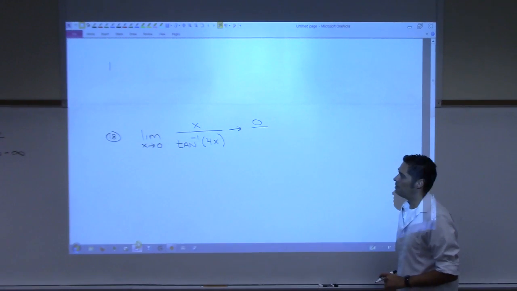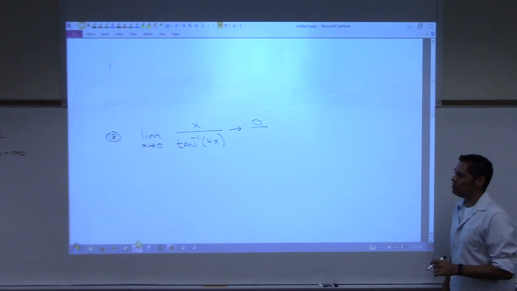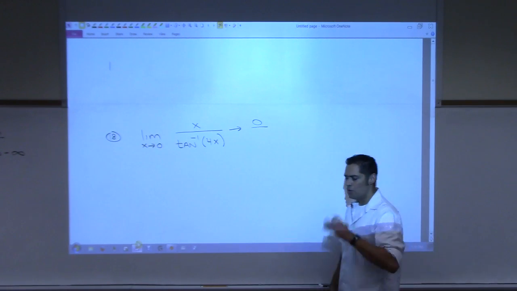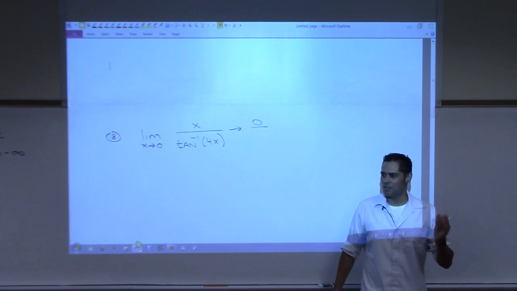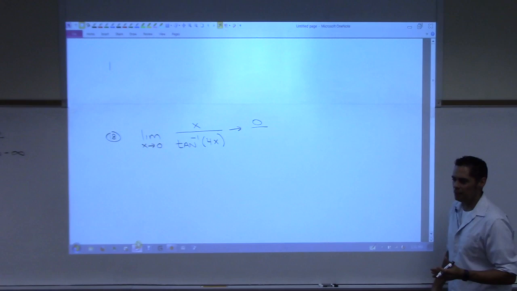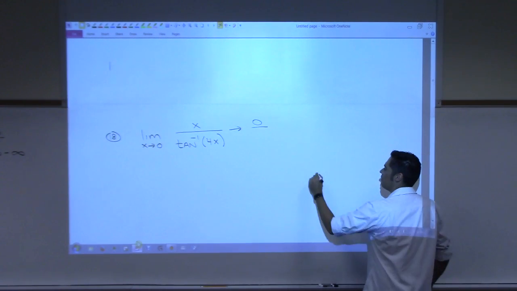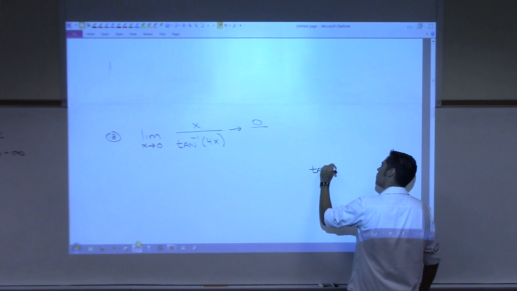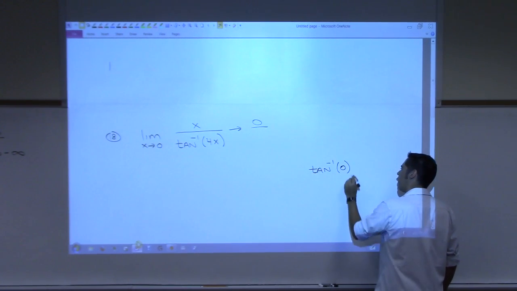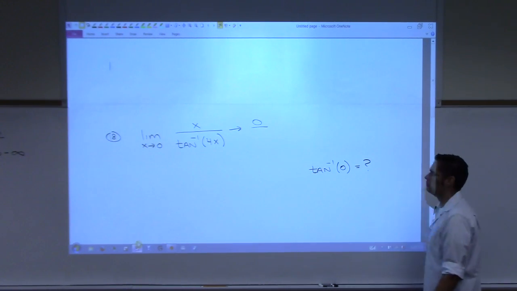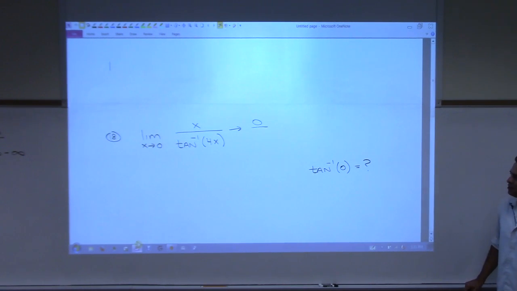I need to figure out what the bottom's doing. What you don't want to do is just start doing L'Hopital. That's going to get you in trouble. I'm going to plug in 0 here. I need to figure out what arctangent of 0 is. According to the calculator, it's 0, so the answer is 0.